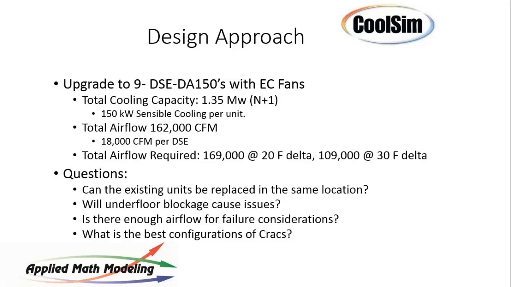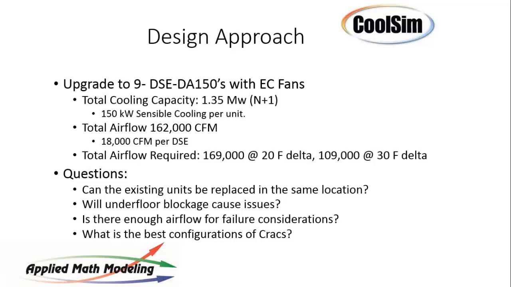Now, at a 30-degree delta across the servers, it drops. And it's not always clear exactly what you have for servers. Some could be 20, some could be 30, or you could have a mix of both. So somewhere between 9 and 10 DSEs are going to be required here.